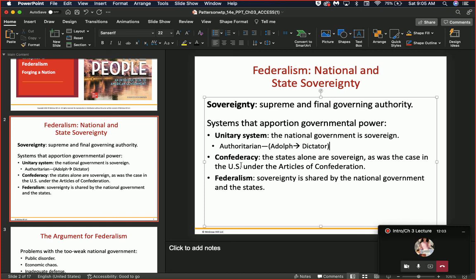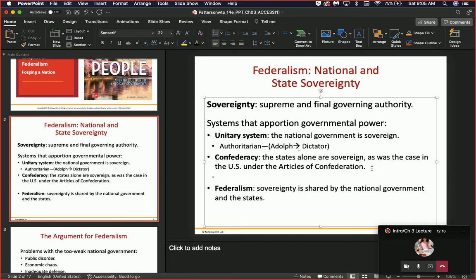Then we have confederacy. Whenever you see this word confederacy, this is basically saying you have states that are cooperating with one another, but they are technically their own sovereign territories. We saw this as the case whenever the United States first came to be under the Articles of Confederation. We also saw this whenever the South seceded from the North.